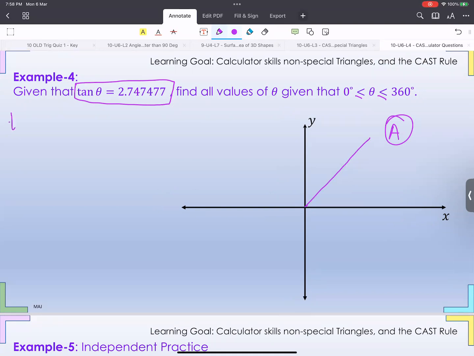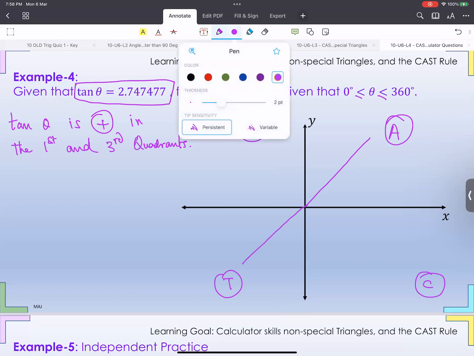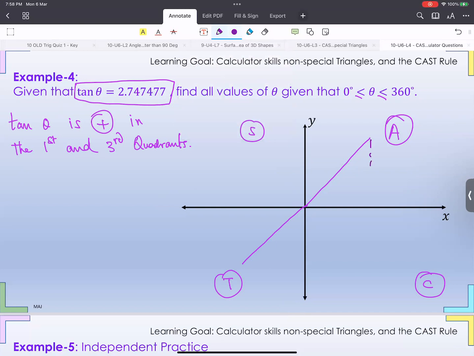Tan theta is positive in the first and third quadrant. So I'm going to draw a terminal arm in the first quadrant and the third quadrant.